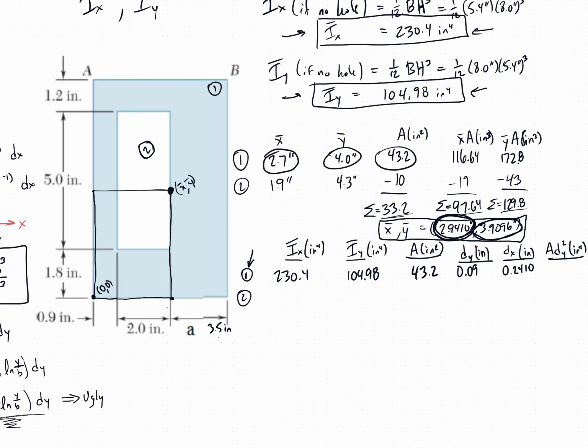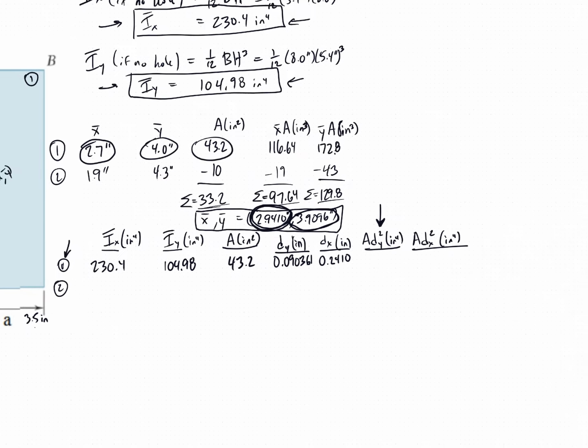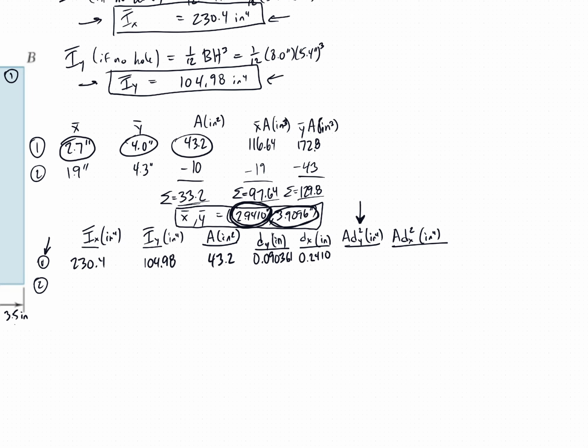0.09036. 0.0361. Notice in this case, I'm not worried about positive or negative here, because this is the only column that matters, and I'm about to square all of that. So we're not going to worry about that. I'm going to calculate a d sub y squared. The area is 43.2.